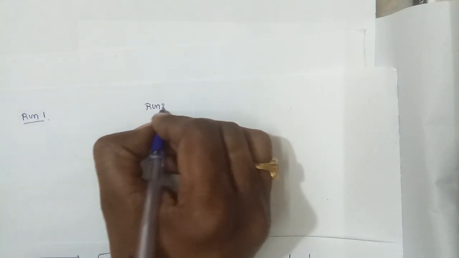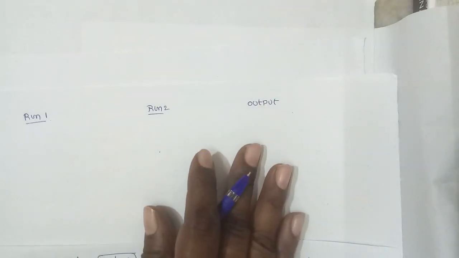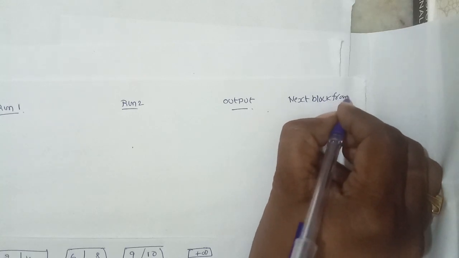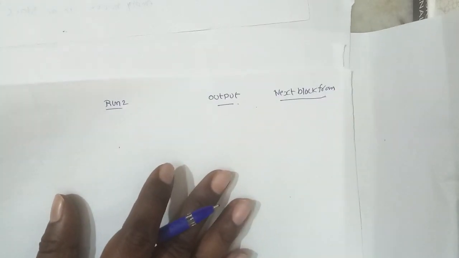Run 1, run 2, this is the output, and this is the next block. So next, from which run do you have to perform the read operation? Okay, first I am assigning the floating buffers. We have 4 floating buffers.